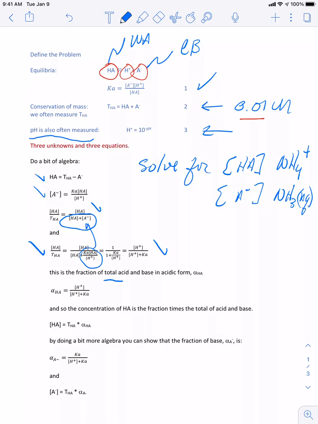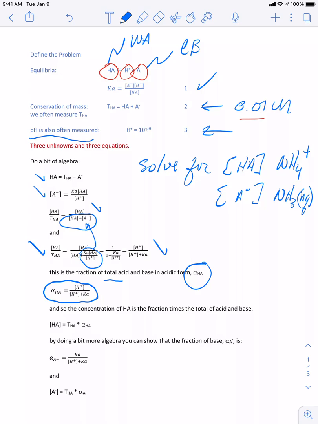And we call that alpha HA. Okay, so it's the fraction of total acid and base in the acidic form, right? Because it's HA over THA. We call that alpha HA. So that's what I've done. I've just rewritten that here. Okay, so the concentration of HA is the fraction times the total.